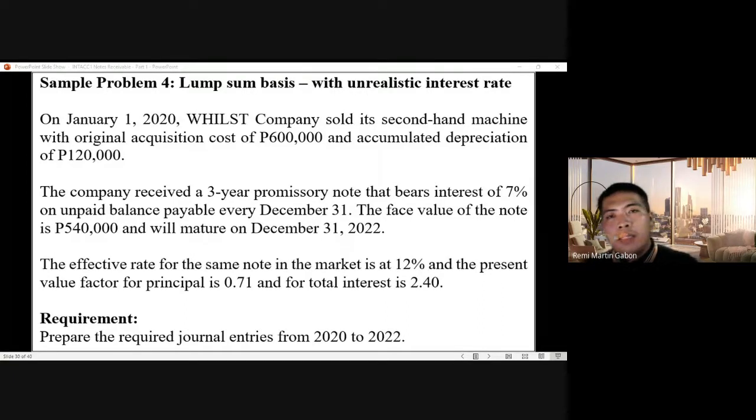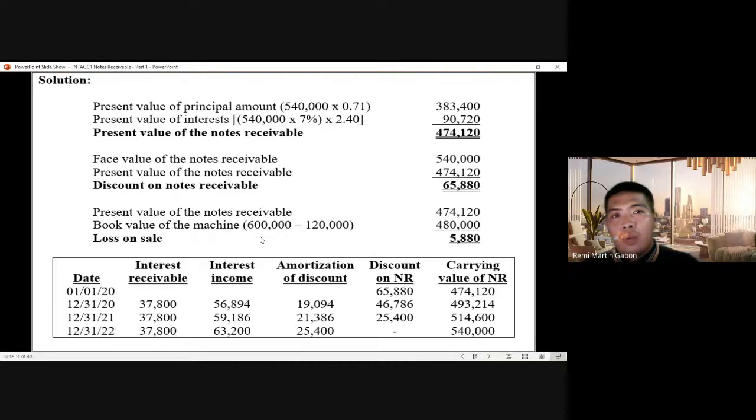It doesn't mean na hindi pwede. Pwede naman yan. Yun nga lang, as to the accounting procedure for the promissory note, nagkakaiba na tayo for that purpose. So how do we solve? The necessary solution are as follows. For the principal amount, we compute the present value, 540,000 times 0.71.